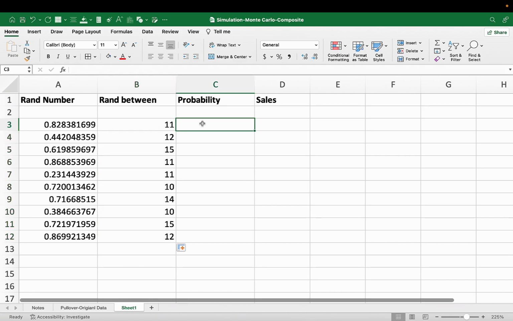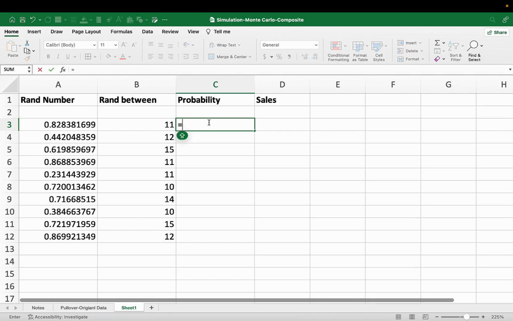Then the next thing is the normal distribution. Many times we are given variables that have a normal distribution. For example, demand usually follows a normal distribution. The age of people in a large population follows a normal distribution. In a normal distribution, we need three things: probability, mean, and standard deviation.